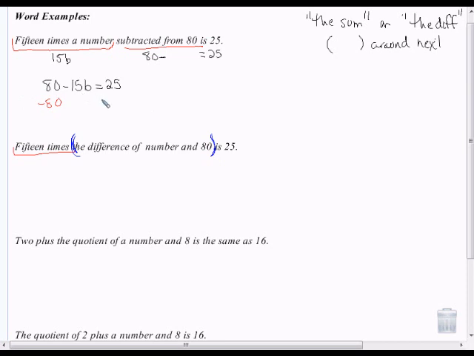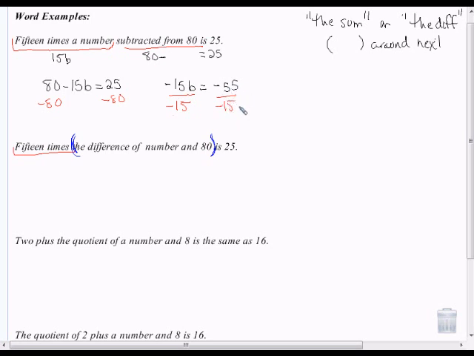I'm going to subtract 80 from both sides. And I'm going to get negative 15B is equal to negative 55. Okay. I'm going to divide both sides by negative 15. Those do not divide evenly.